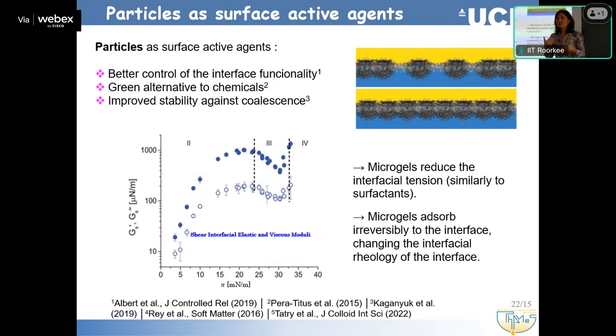How do you model that? What does that give you? Some properties of these particles are that we can change the functionality. They can be green. And they have improved stability against coalescence. Once they adsorb at the interface, it's not like surfactants, they won't dissolve. So they adsorb irreversibly on the interface.